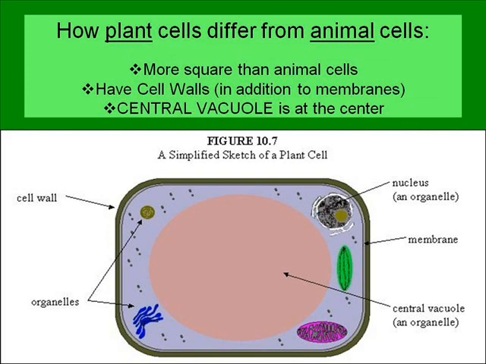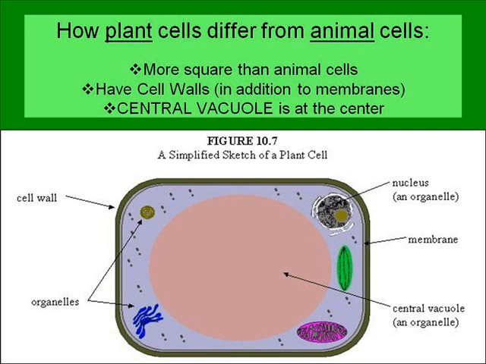Now, last time we talked about the three different kinds of cells. There are animal cells, plant cells, and bacteria cells. Since we're talking about plants right now, let's look at how the cells of plants differ from the cells of animals. Well, the most notable difference is that plant cells tend to be more square or rectangular than animal cells, which tend to be more round and oval. Also, plant cells have cell walls.